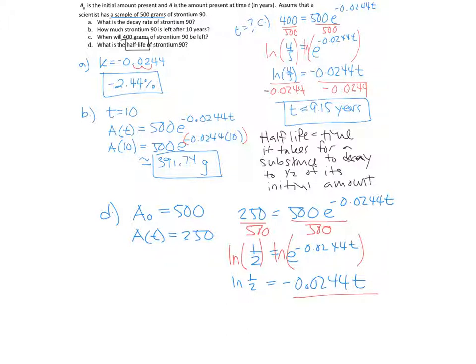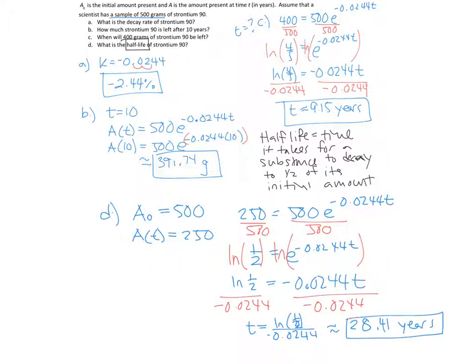And then finally, we divide both sides by negative 0.0244. And we get t is equal to natural log of 1/2 over negative 0.0244. And plugging that into our calculators, we get t is approximately 28.41 years. So that means it takes about 28.41 years for strontium-90 to decay to half of its initial amount.